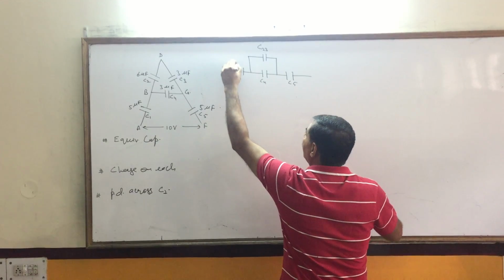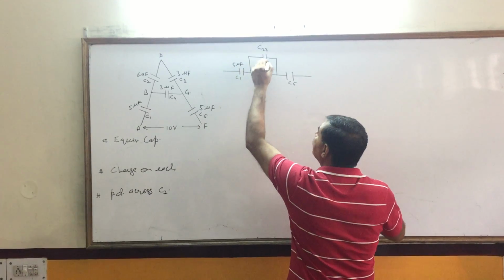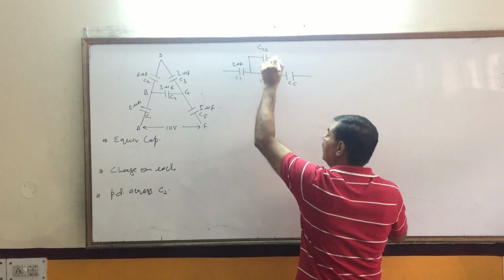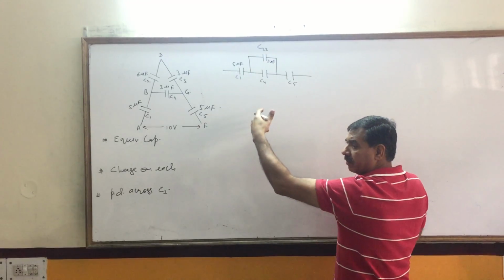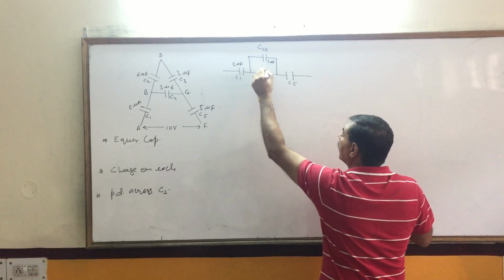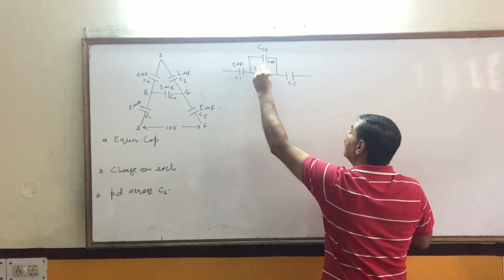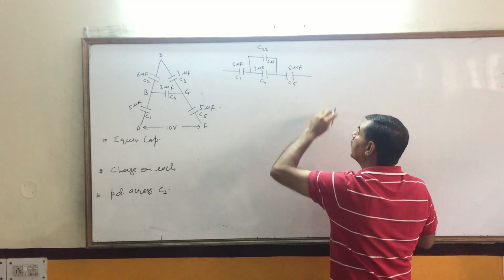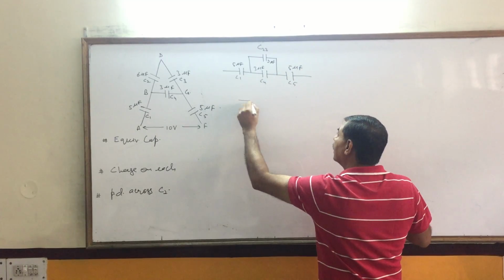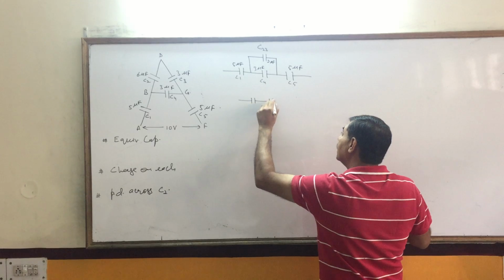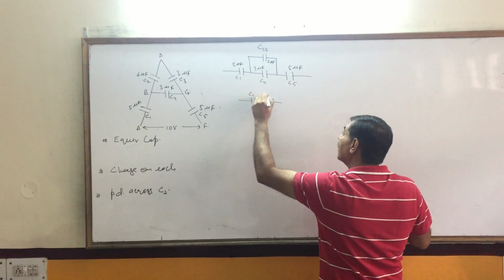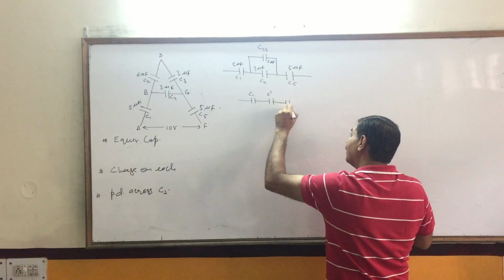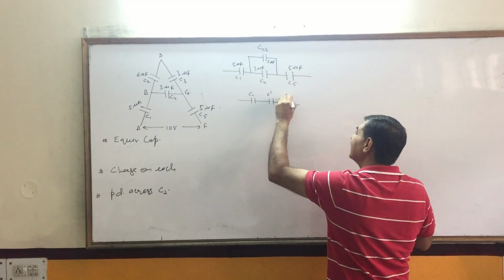C1 is 5 microfarad. C23 is 2 microfarad. I'm not going to express it, but in an exam you must. C4 is 3 microfarad and C5 is 5 microfarad. If you draw another equivalent, I have C1, C dash and C5 in series.